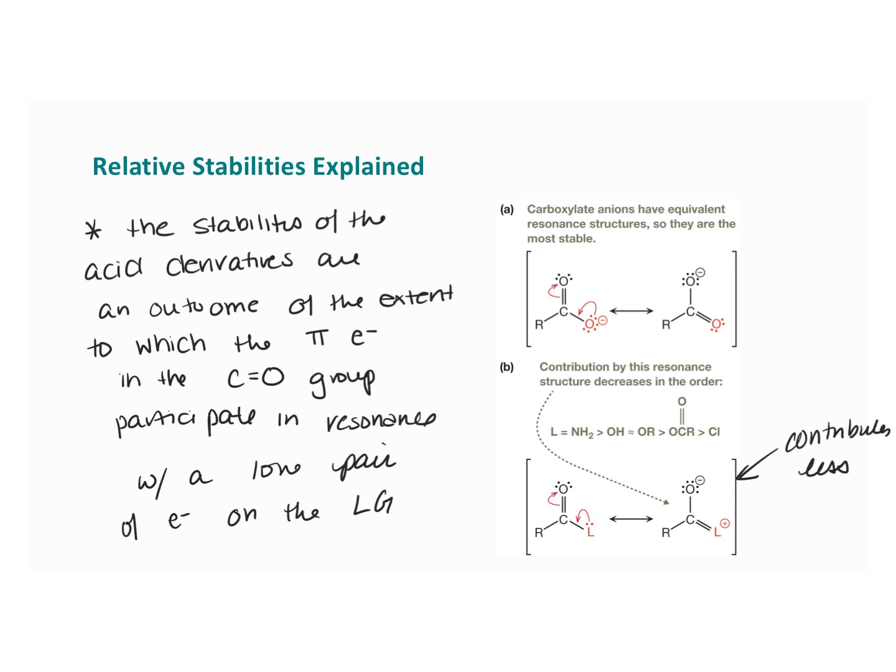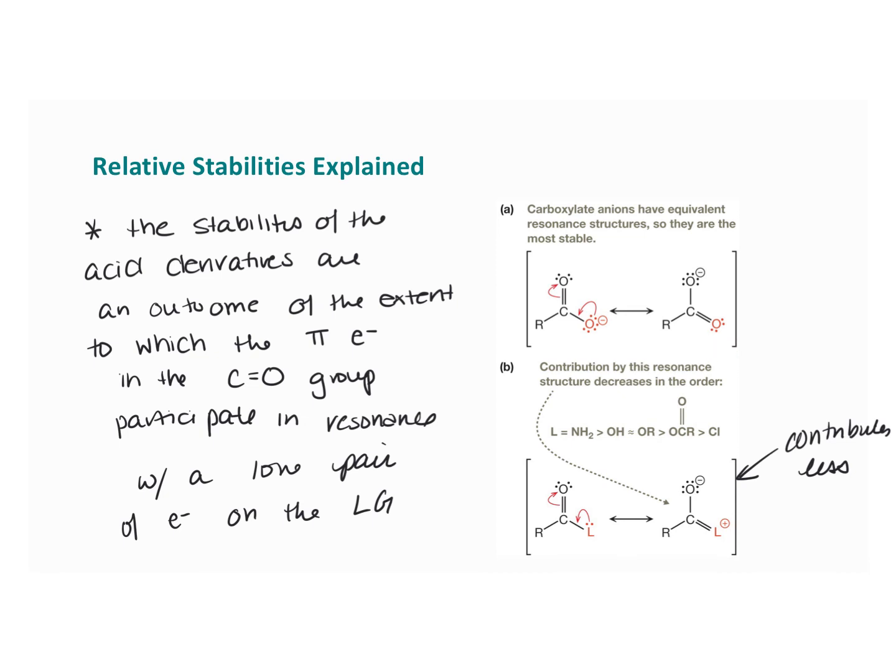So what we're going to see here again is that contribution by the second resonance structure decreases in the order of amides to carboxylic acids or esters, right, to acid anhydrides, to acyl chlorides. Okay, so that's where that decreases.